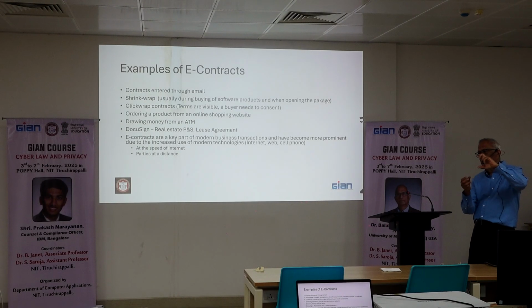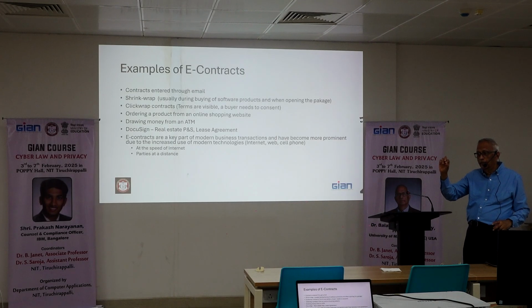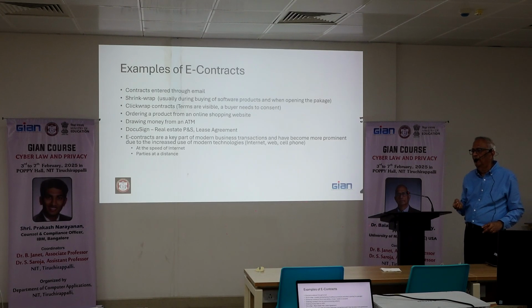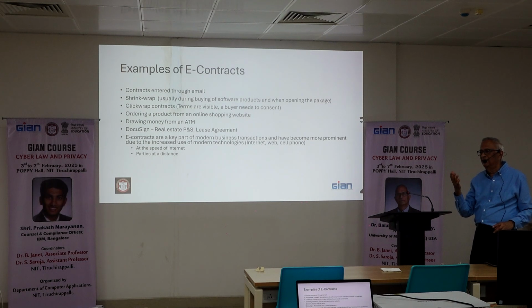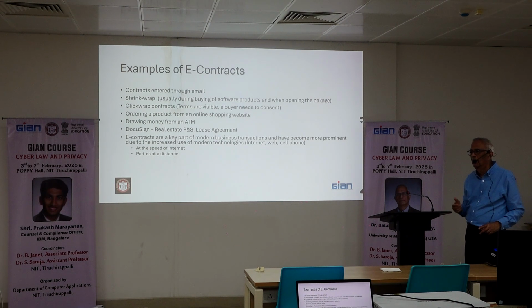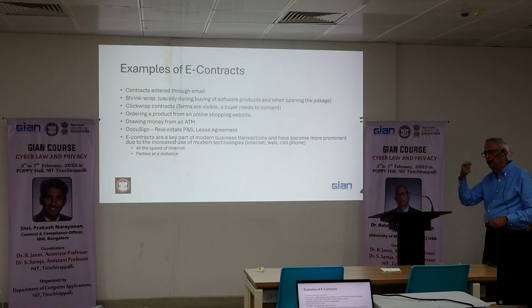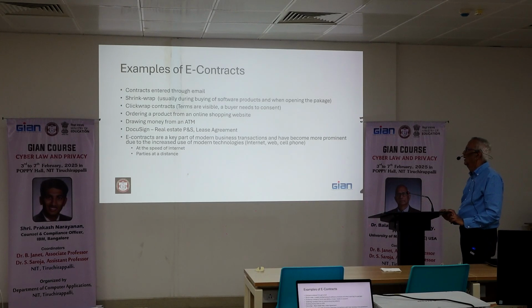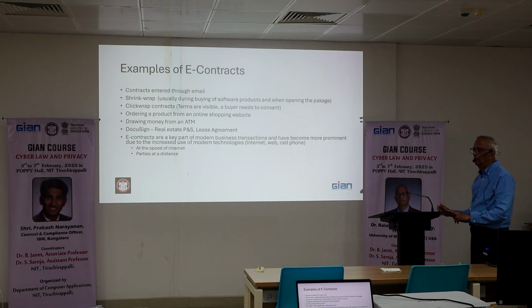Usually with shrink wrap, in the CD, there will be a contract in small print. I don't know how many of you can read it, because it will be like size 6, or 10 at most, very hard to read. You need a magnifier. Then there is the click wrap contract, which normally you do online.